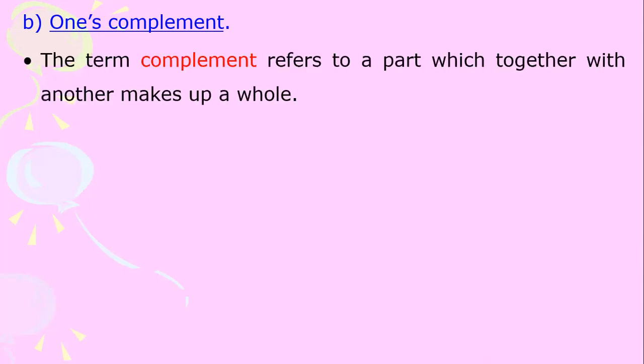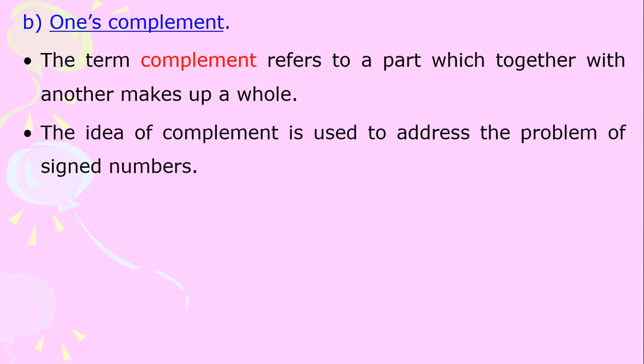Let's now look at what we call one's complement, or how we use one's complement. The term complement refers to a part which together with another makes up a whole. The idea of complement is used to address the problem of signed numbers.